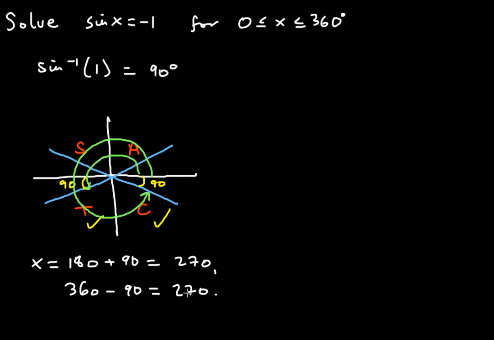So we get the same solution for both angles. So when this happens, it would only be one solution. So you just write, therefore, x equals 270 degrees.